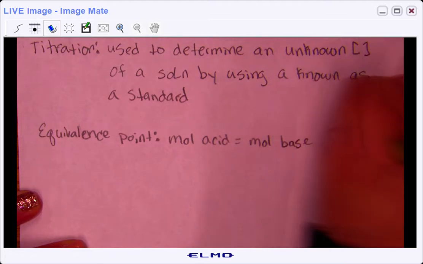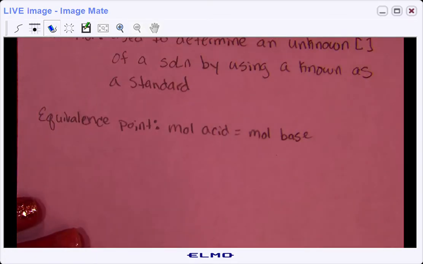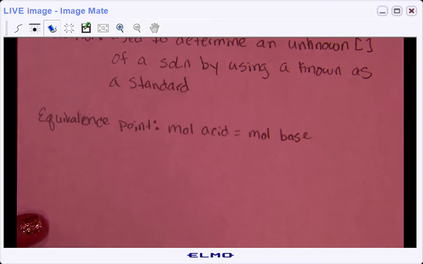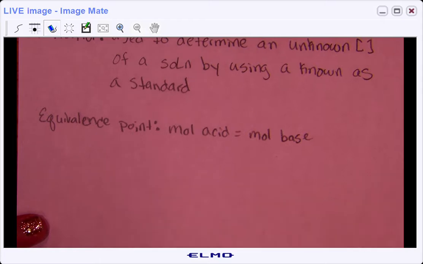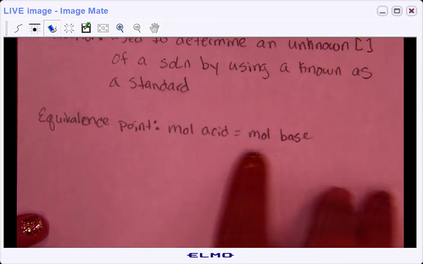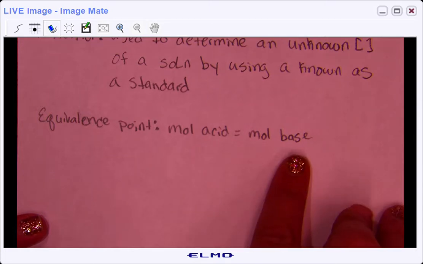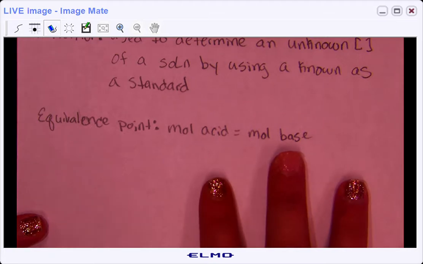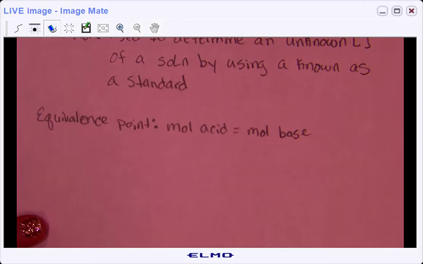And this is not necessarily the concentration, it is the moles, because remember, from a previous problem or video, we did some examples where we had to go through and do a stoichiometric relation because there was a 2-to-1 ratio of acid or 2-to-1 ratio of base. So it's not the concentration, it's the moles.